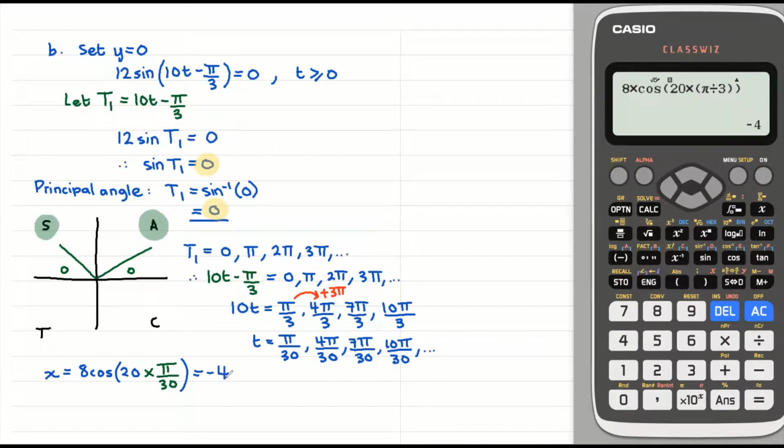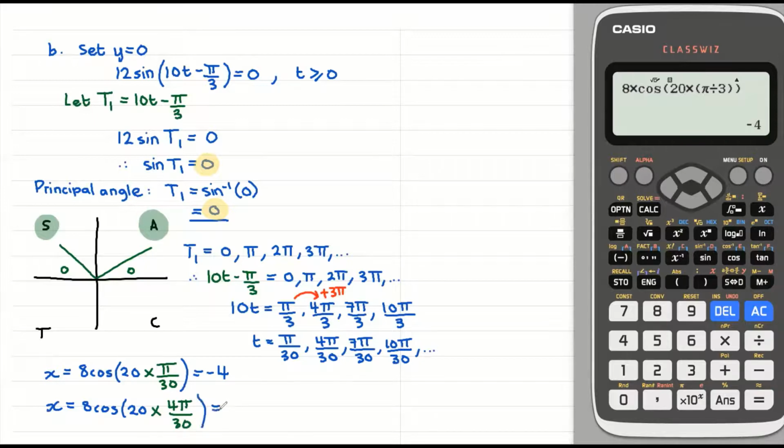Okay. Now then, if we add 3 pi over 3 to our time, I should say, the next solution is going to be at 4 pi over 30. So let's try that. So if x is equal to 8 cos of 20, and then we're going to multiply that by 4 pi over 30, which is our second solution. Then what's going to happen here?